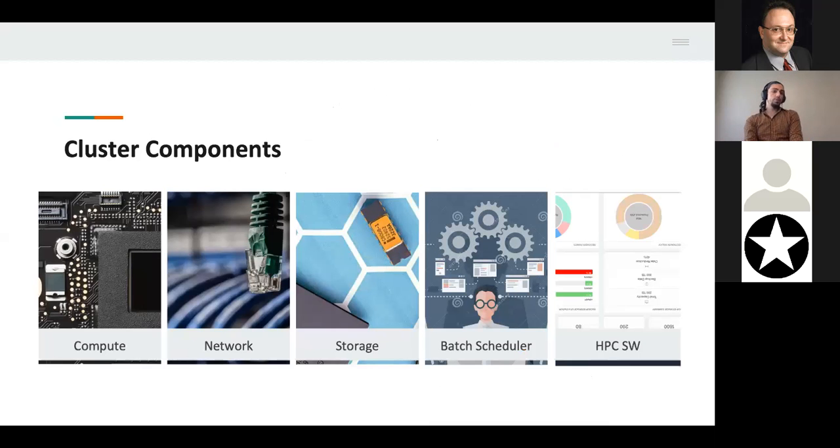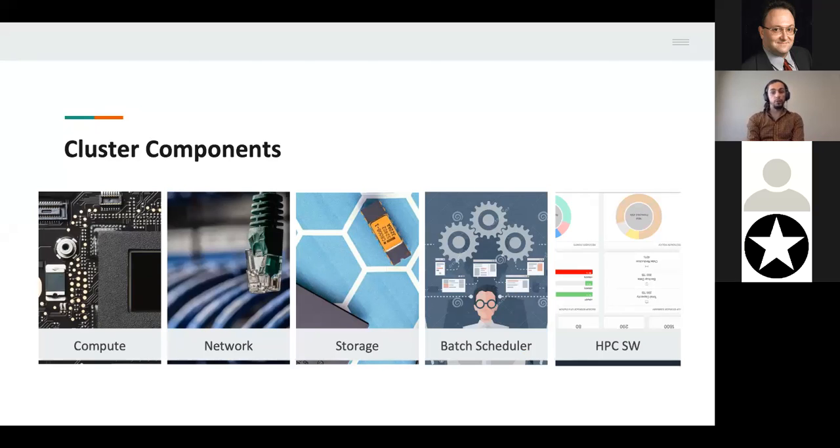The components of a supercomputer are very simple if you think about them. Compute nodes: we have a lot of them. They are the horse that runs everything and does all the processing, and they come in different types and flavors.